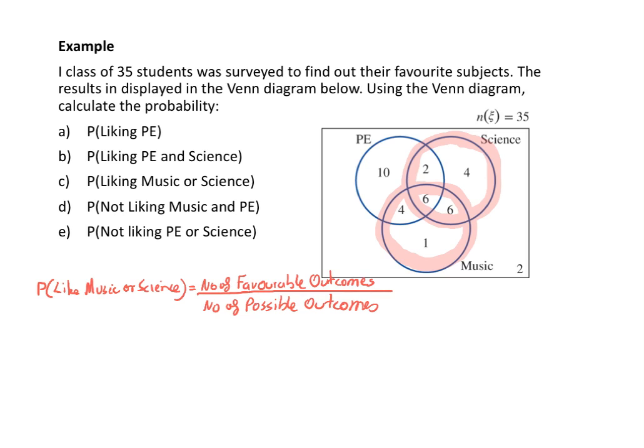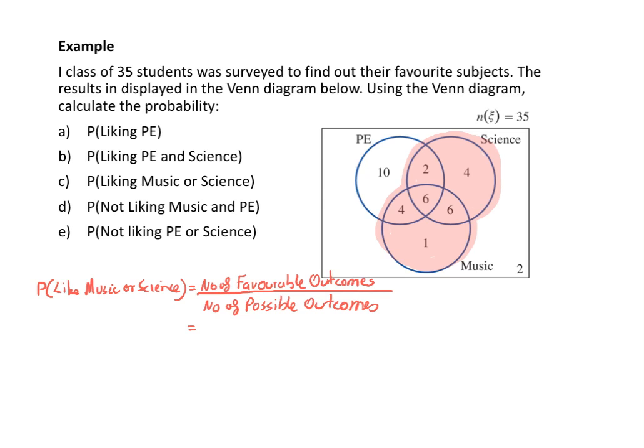Now all of the responses that are contained within these 2 sets are going to be my favourable responses. So my students that like either music or science. It doesn't matter which one they like, or whether they like both, or whether they also like PE. As long as they're contained within those 2 sets, they're going to like either music or science.